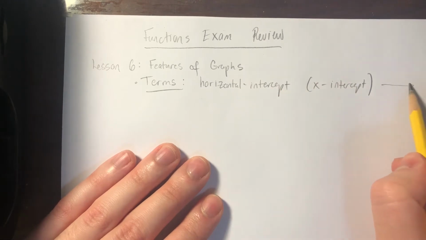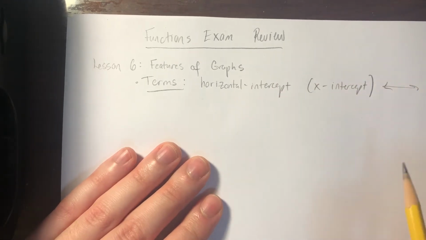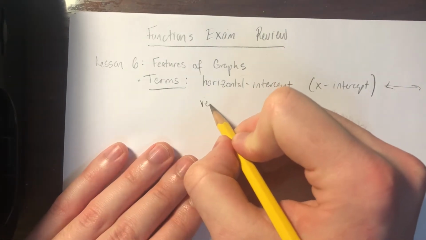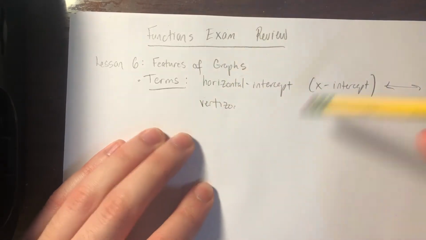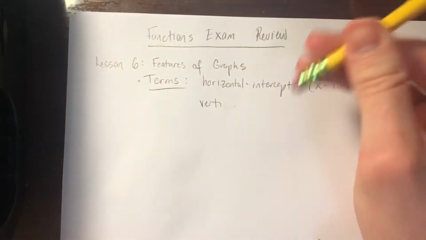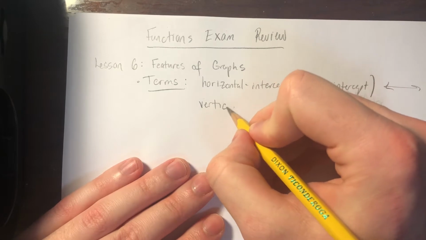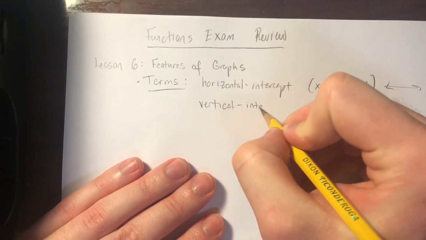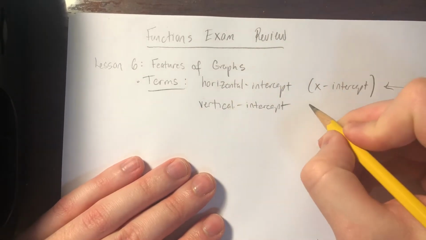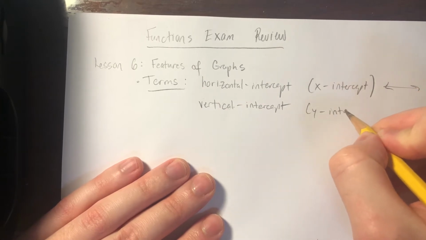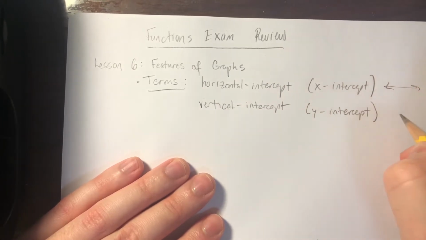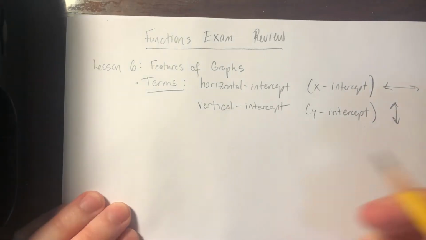The x-axis is that horizontal line. And then, of course, we have the vertical intercept, also known as the y-intercept. And that's that vertical axis, the y-axis. That's why it's called a vertical intercept.